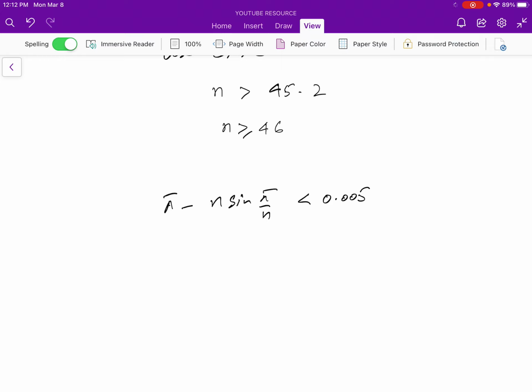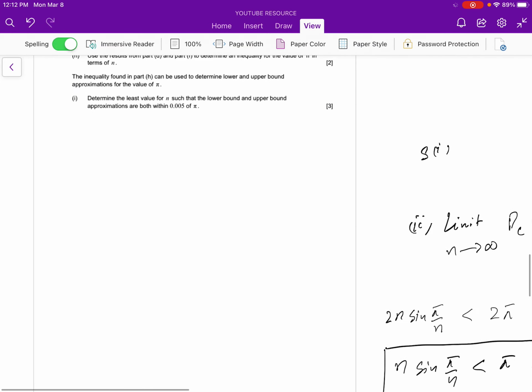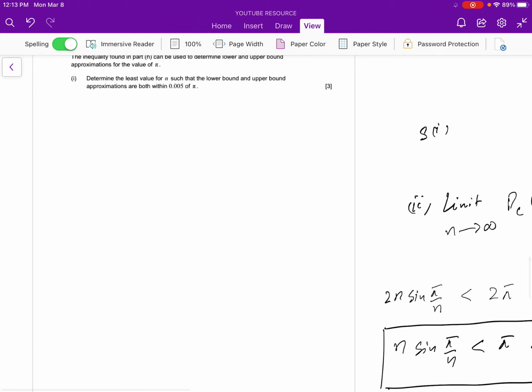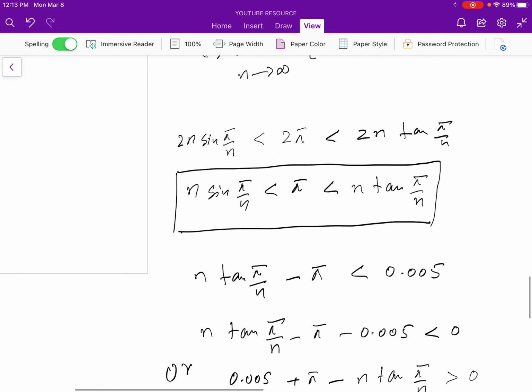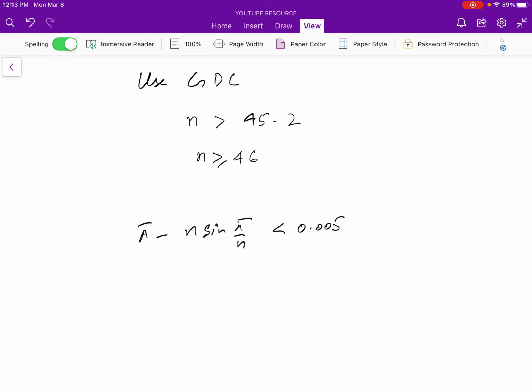This is the condition they have given in the question. Let's just go back to the question and check. It says determine the least value of n such that the lower bound and the upper bound approximations are both within 0.005 of pi. So it means there is a maximum error of 0.005. So we are finding the values of n.